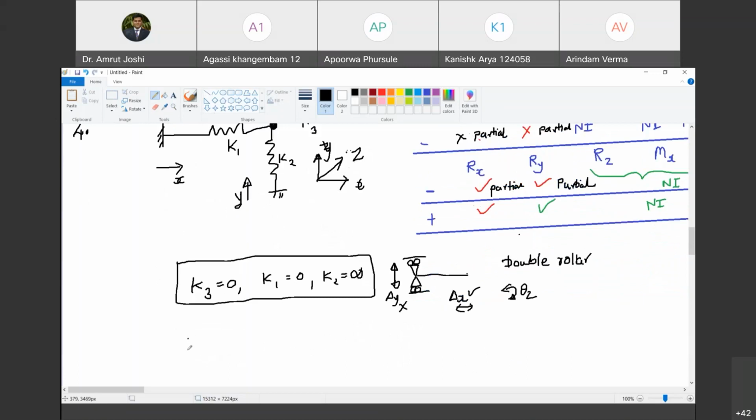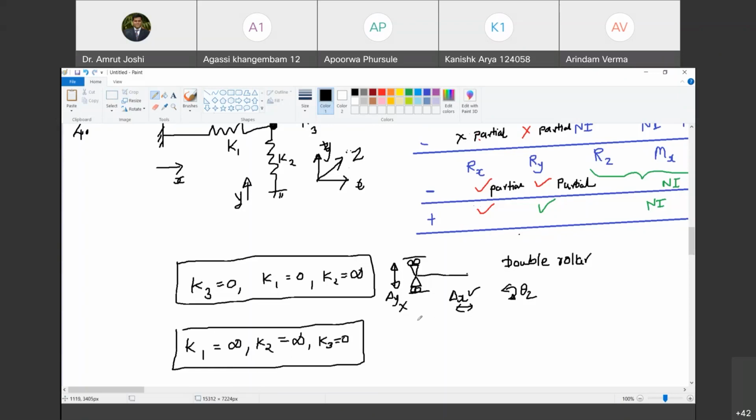Now, look, K1 is infinity, K2 is infinity and K3 equal to 0. Now tell me, this means delta x positive negative not possible, delta y positive negative not possible, but theta z is freely possible. Are you with me?